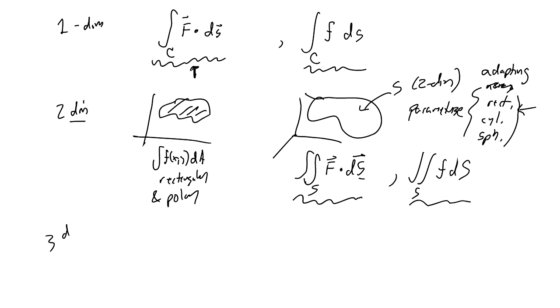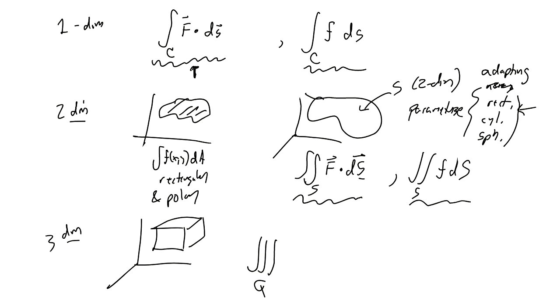And then in 3 dimensions, you have some solid in 3-dimensional space. Here, you basically just need to be able to do a triple integral over that solid. I've generally been calling these guys Q of f dV, but you need to be able to do it using rectangular, cylindrical, and spherical coordinates.